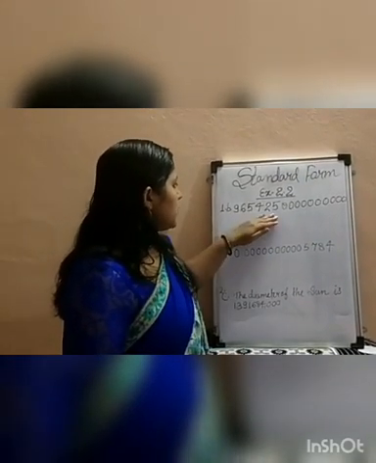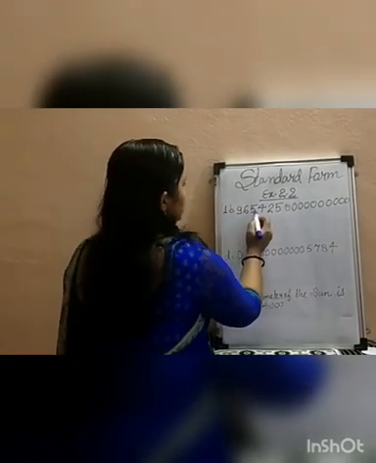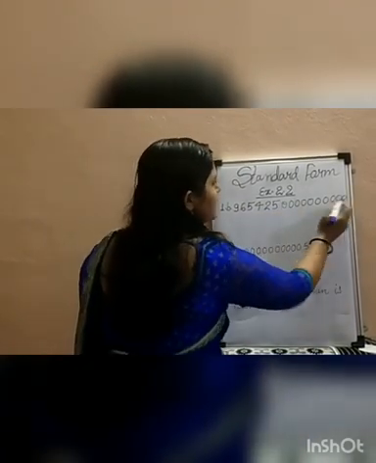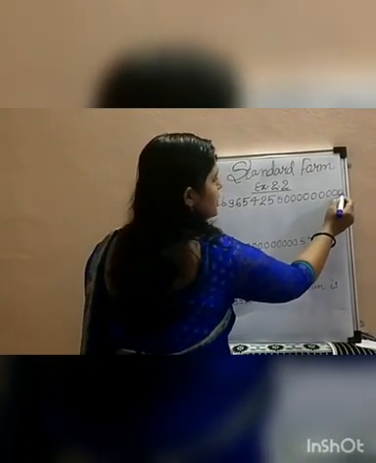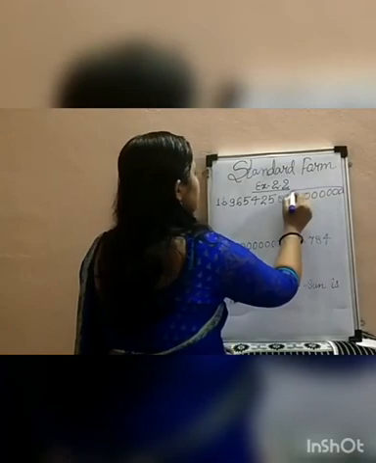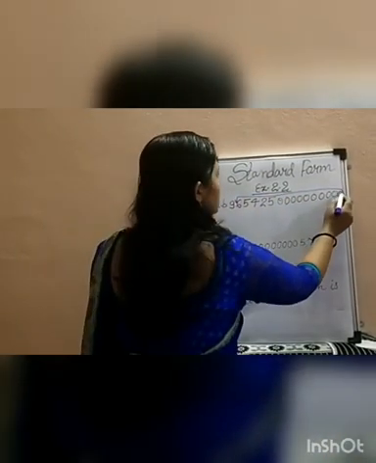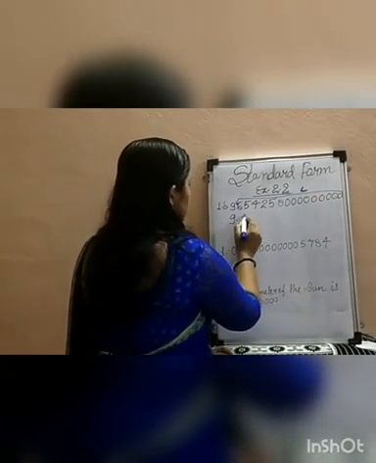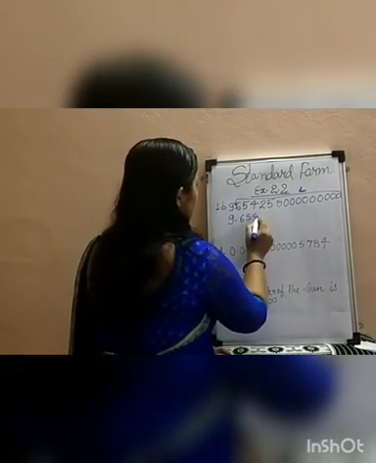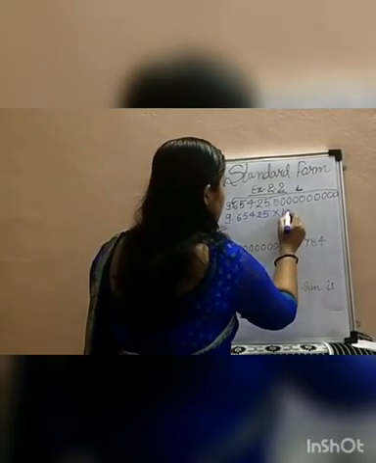So let's see, convert it into standard form. It is 965425 and zeros are here. I told you, suppose here is the decimal and I'm putting this decimal after 9 here. So this comes to the left side. So 9 decimal 65425 into 10 to the power.